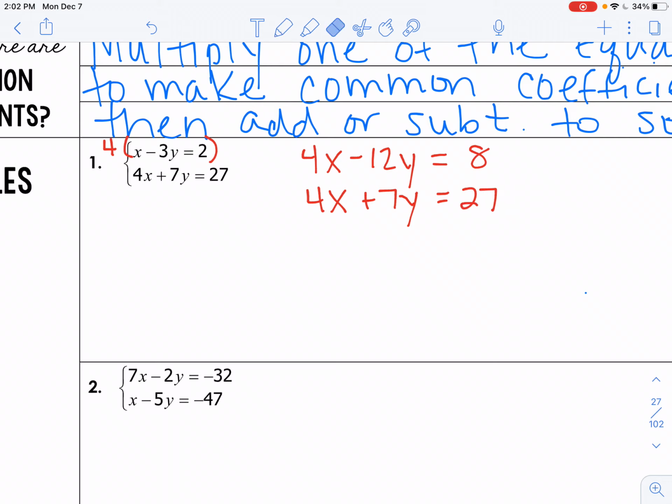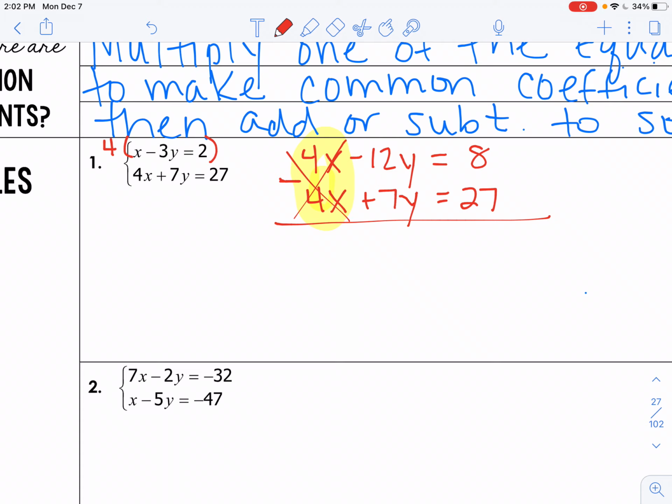And now what I can do is take these 4 x's, let me change that color out, and eliminate them, okay? And I'm going to eliminate those by subtracting. So 4x minus 4x, those cancel out. Now be careful with your subtraction.